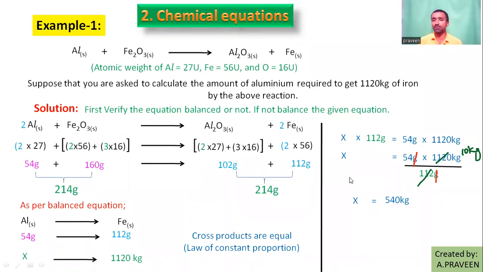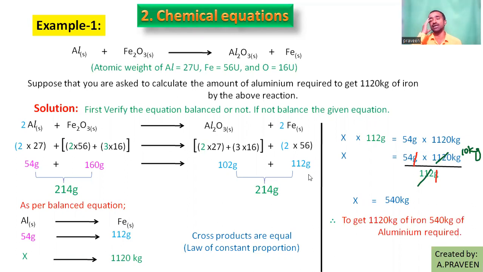X is the aluminium required, see your relation. So I can write that to get 1120 kgs of iron, 540 kgs of aluminium is required.